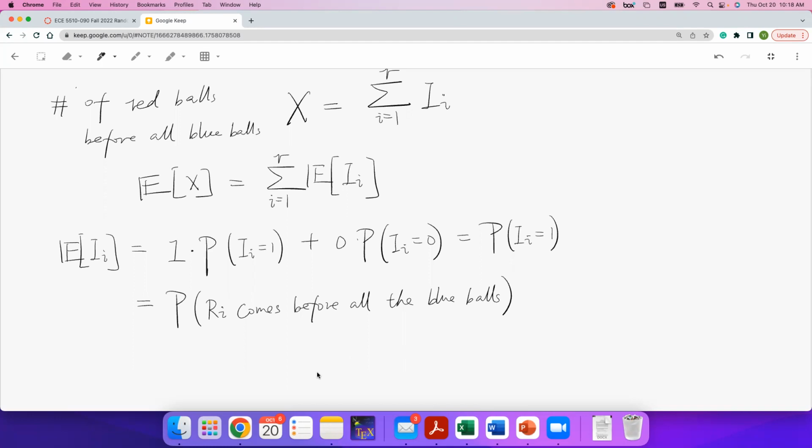Now, can you intuitively tell me what is the probability that the ith red ball is selected before all the blue balls? I mean, here you really don't know about the other red balls, right? The other red balls may be selected before R_i, may be selected after R_i, but here we only care about the ith red ball and all the blue balls.